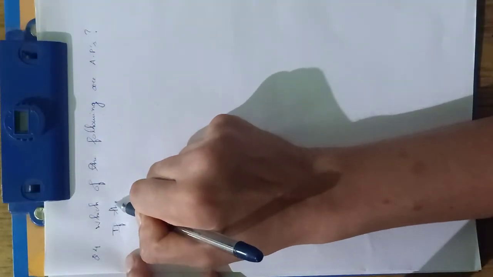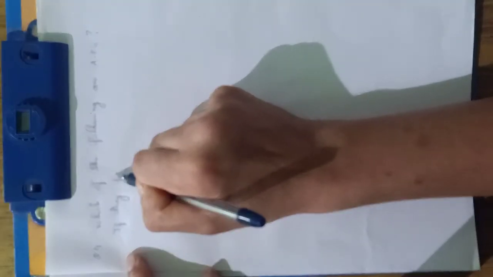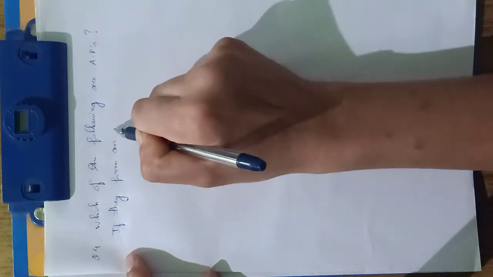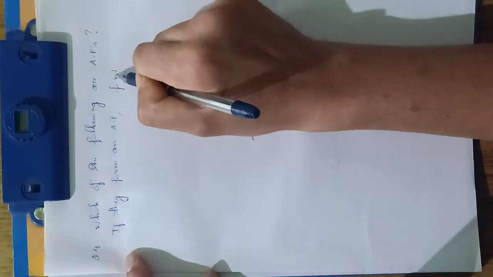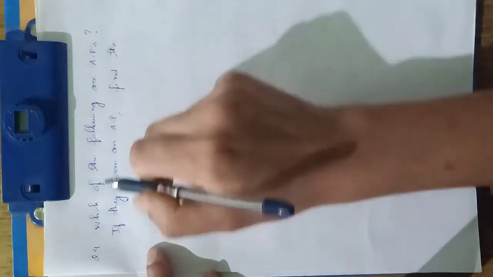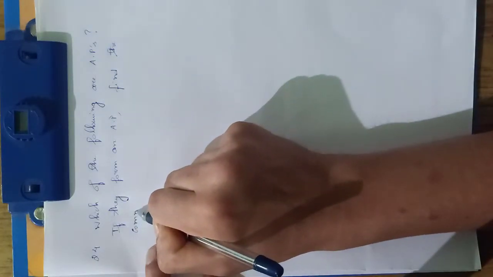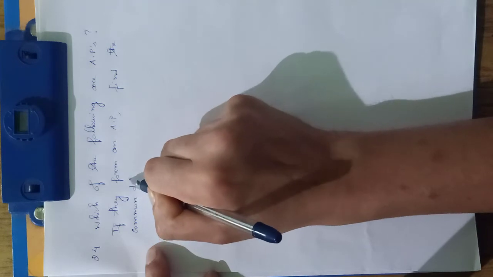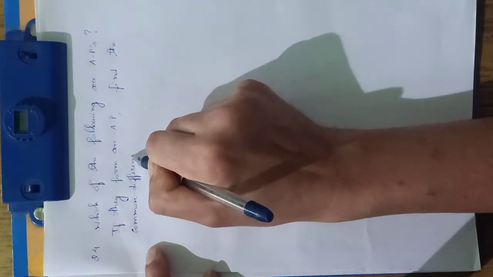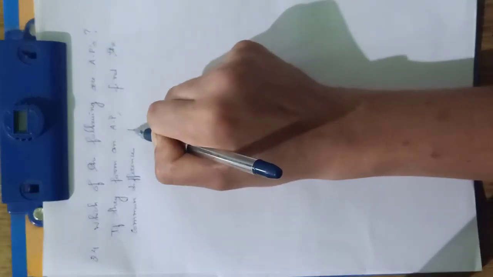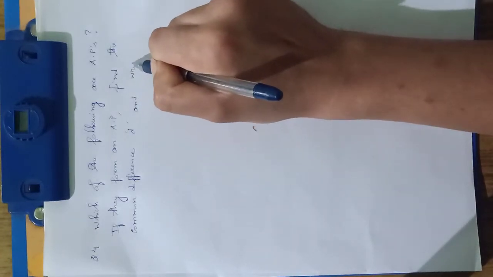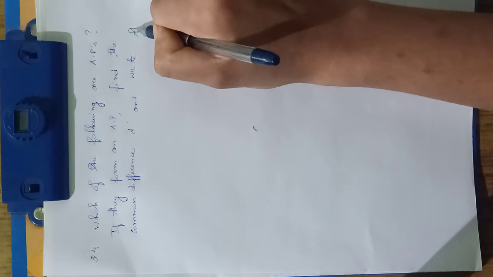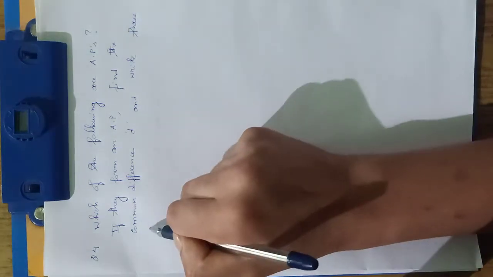If they form an arithmetic progression, find the common difference D and write 3 more terms.